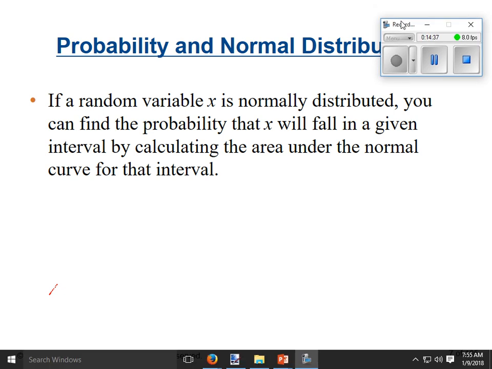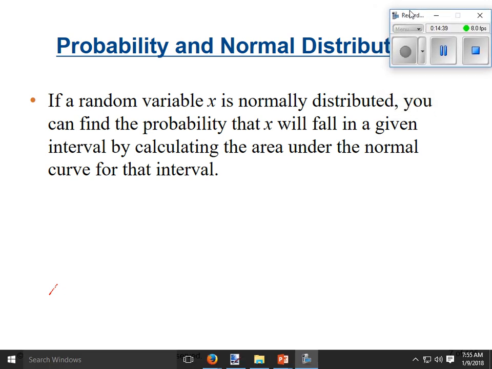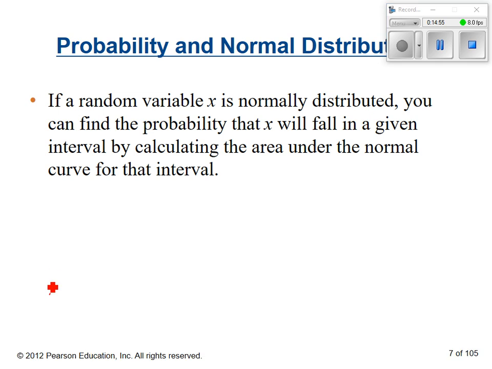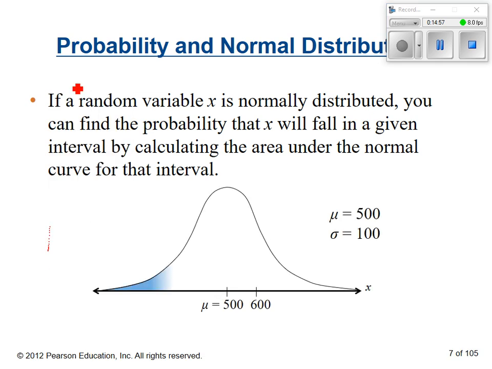Probability in the normal distribution, or normal distributions, hopefully you can tell what that says. If a random variable x is normally distributed, you can find the probability that x will fall in a given interval by calculating the area under the normal curve for that interval. Nothing real new there.